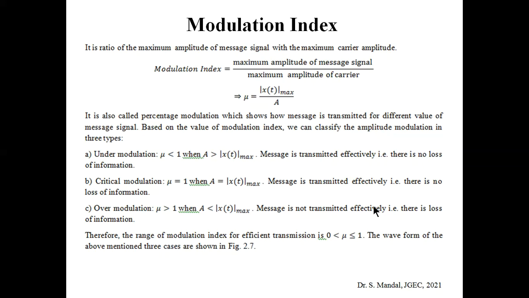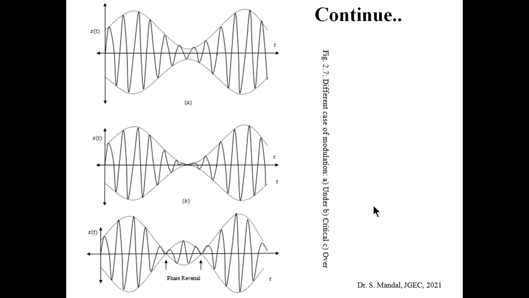So based on the value of the modulation index, AM, or DSBFC, can be classified into three types. One is under modulation, second is critical modulation, and third is over modulation. Okay, so let's see how they will look.